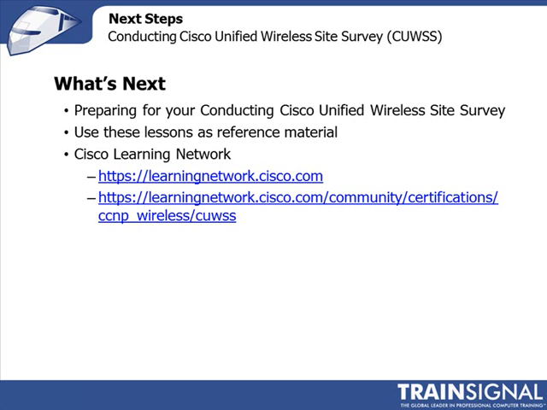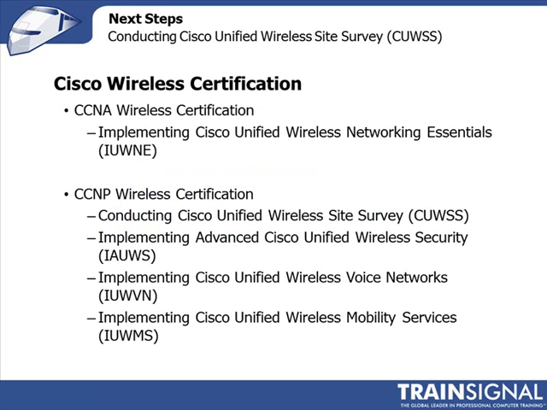the CUWSS wireless certification. So the CCNA wireless certification is really focused on those folks that are actually using the Cisco equipment in their wireless network. So it's focused on developing skills of configuration, implementation, and then the subsequent support of your wireless LANs.